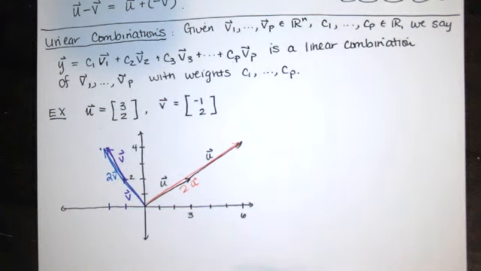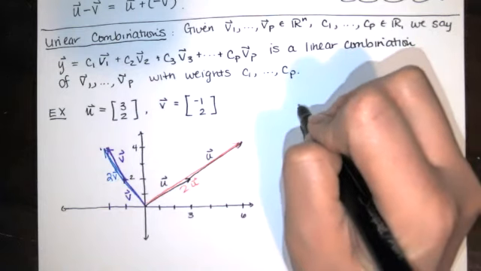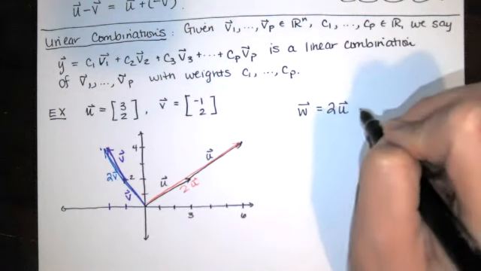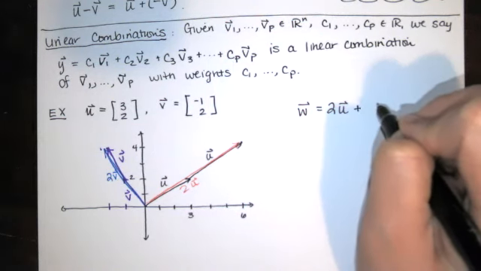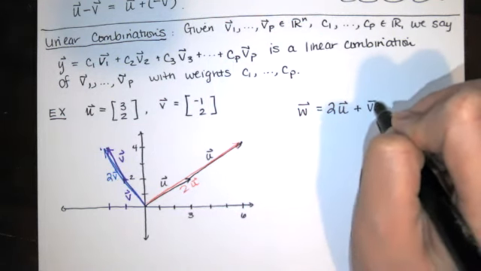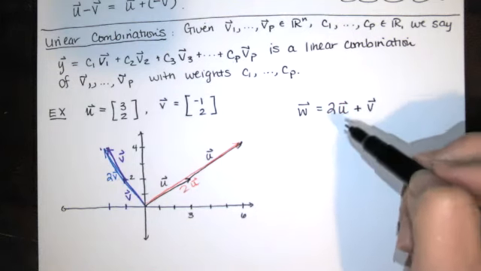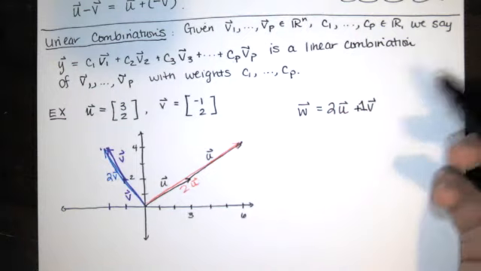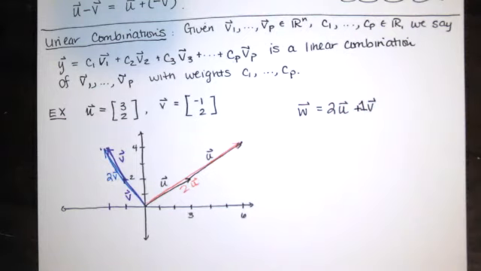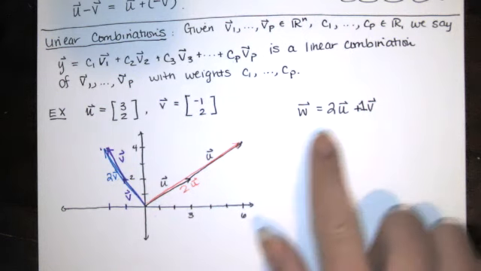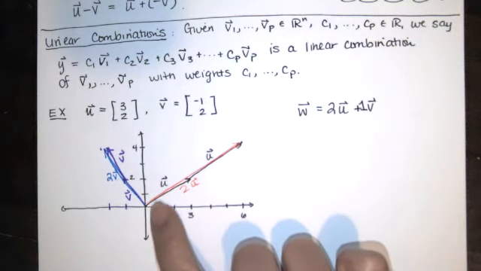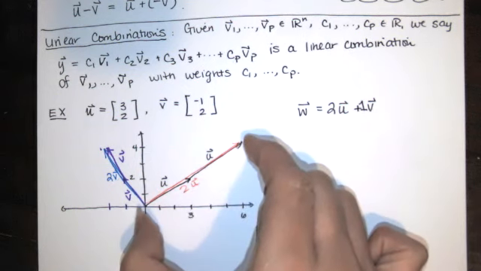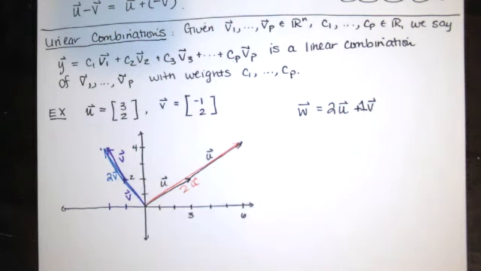So if I want a linear combination of this, let's say that w is 2u plus v. The weights here are 2 and an implied 1. It's like I've got 2 of the u's and I'm adding 1 of the v's. The way I would find w is I would draw u, and then draw it twice, so I have 2u, and then I would add tip to tail.